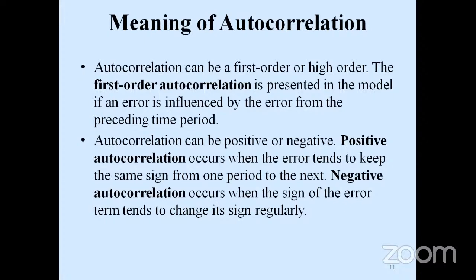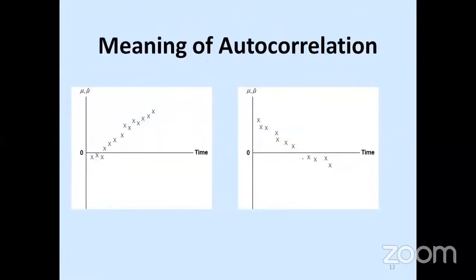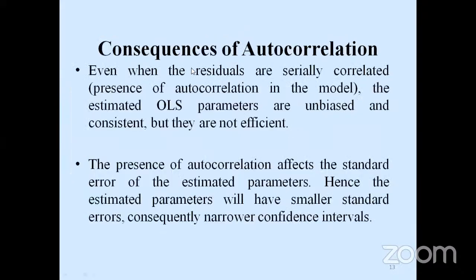So positive and negative autocorrelation have their impact. When we draw some kind of graphs, it will be seen like this. So, when autocorrelation exists, what do we actually need to do?